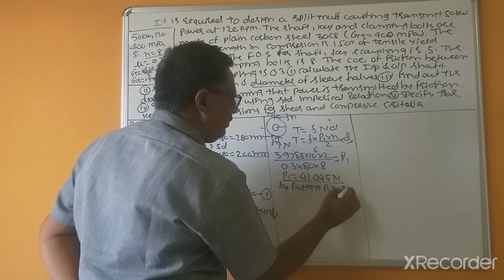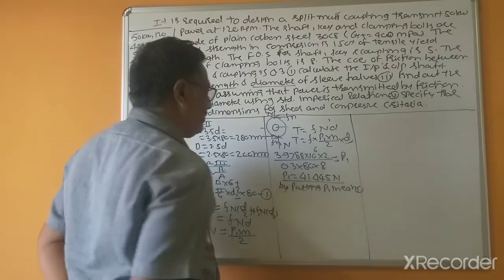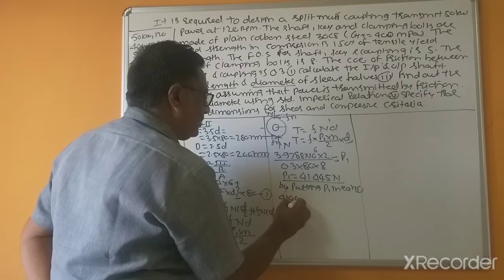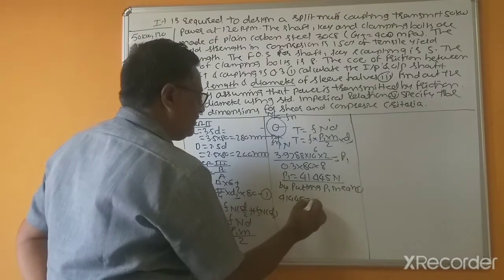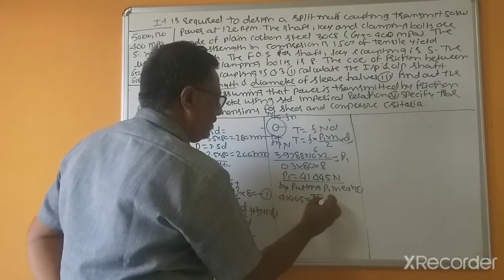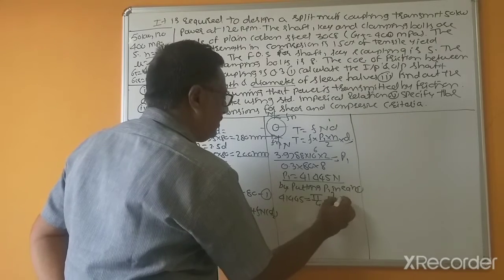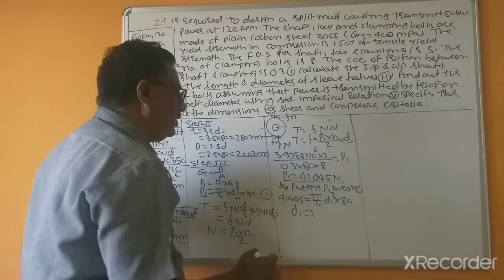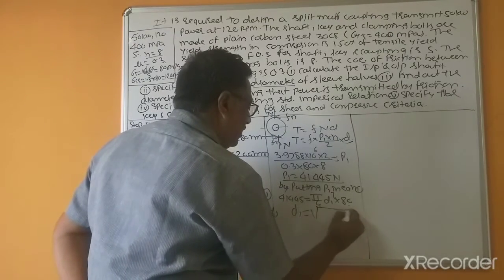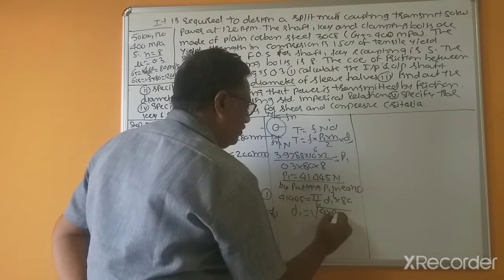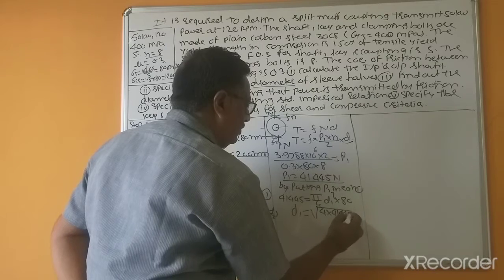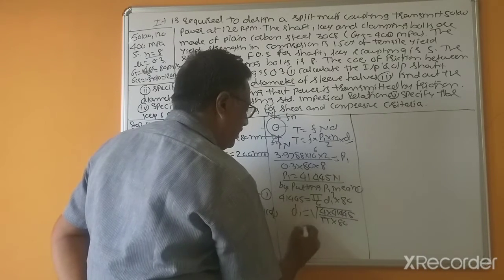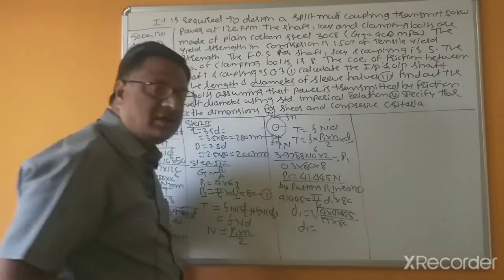Now by putting P1 in equation first, 41,445 is equal to pi by 4 d1 squared multiplied by 80. d1 equal to under root, directly I am writing 4 into 41,445 divided by pi and divided by 80. d1 is the diameter.